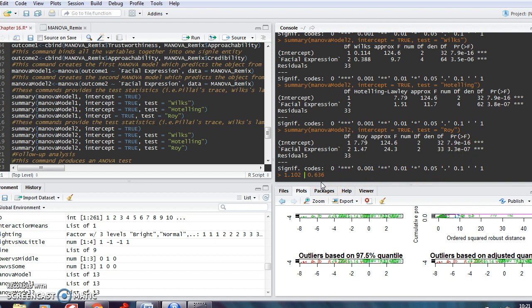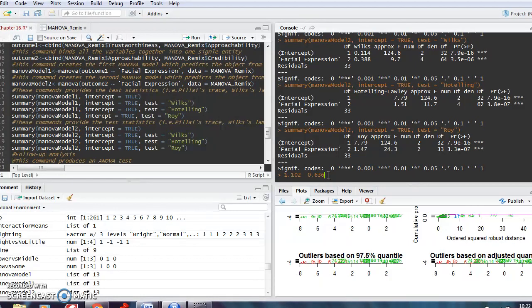So just to take it into consideration, we notice that for highly correlated variables, we have 1.102, and then for little to no correlated variables, which is the case for MANOVA model 2, it's 0.636. So really looking at it, you can see that there's a difference. This is what you want to take into consideration when you're looking at correlations.